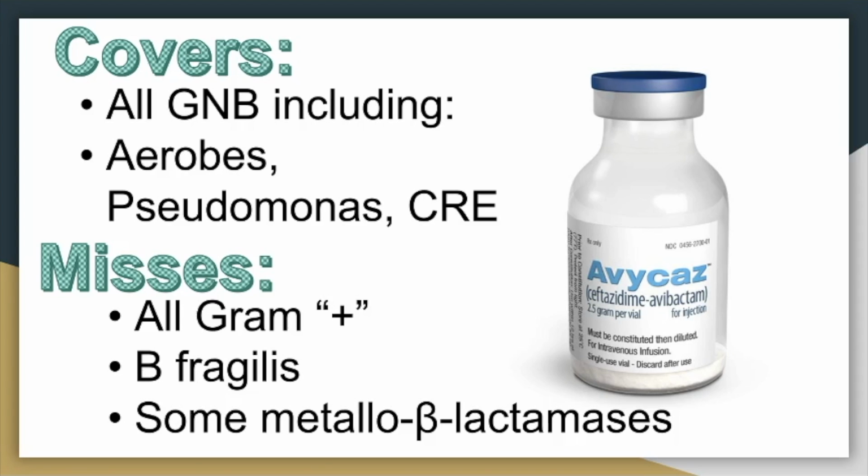So there are multiple mechanisms in which a bacteria can become a CRE. And producing this metallobeta-lactamase is one of them. So this is an antibiotic that we are kind of reserving for our most resistant infection.